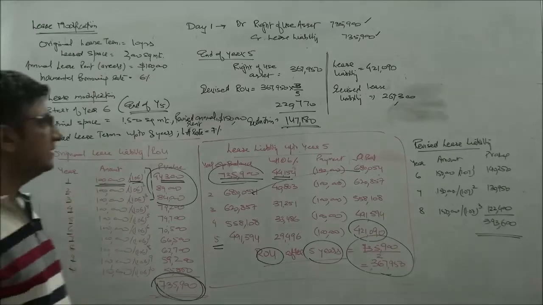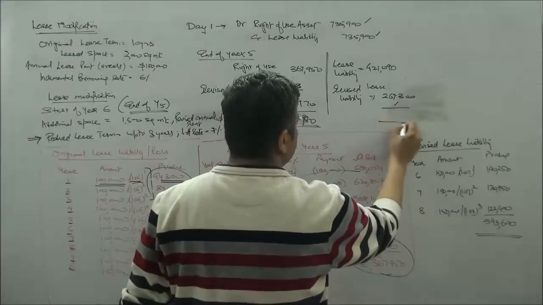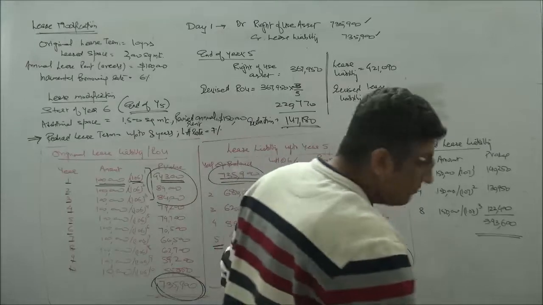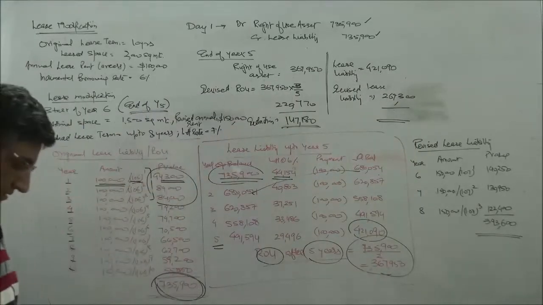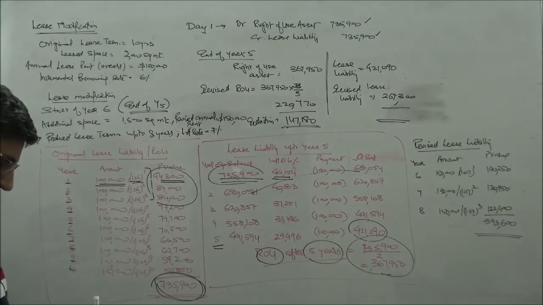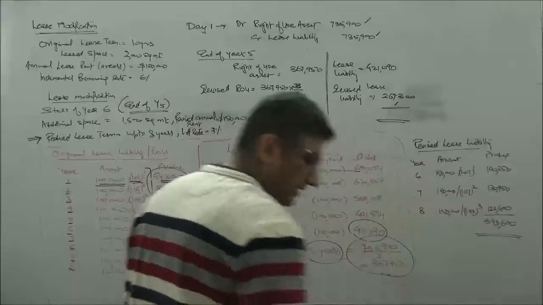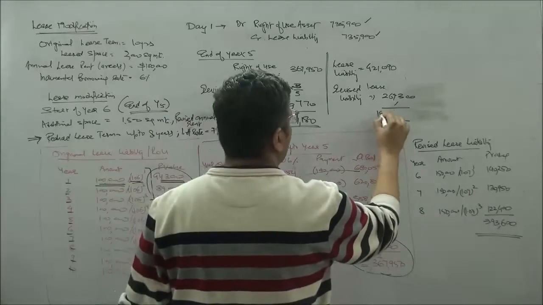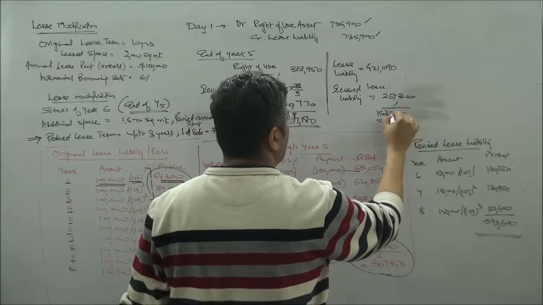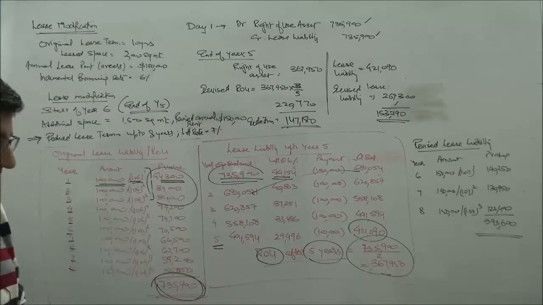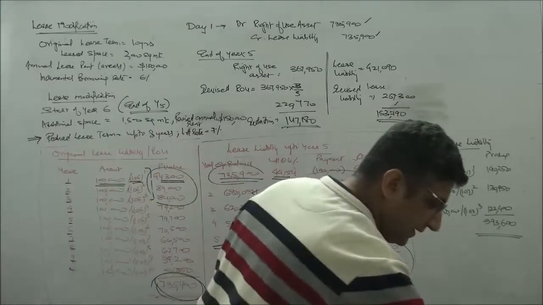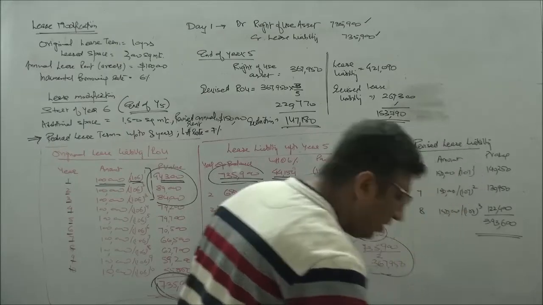Now what is happening is, there is also a reduction in my lease liability to the extent of 421,090 minus 267,300, which is 153,790.